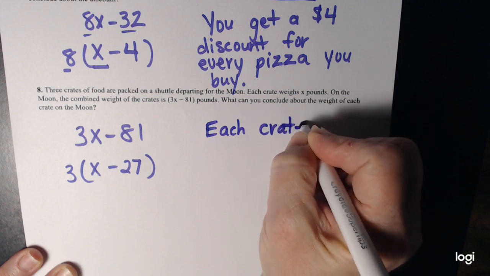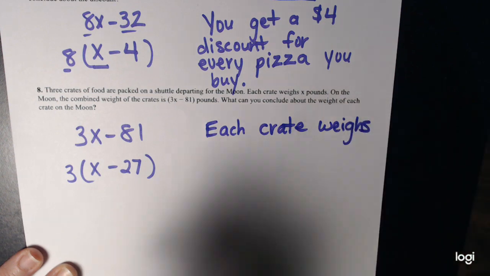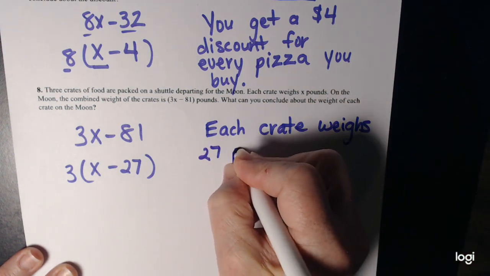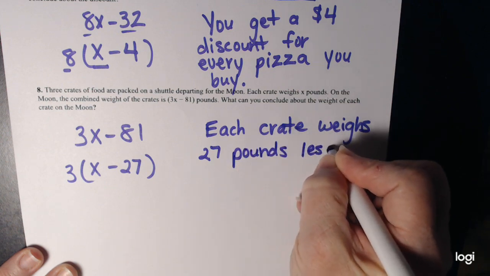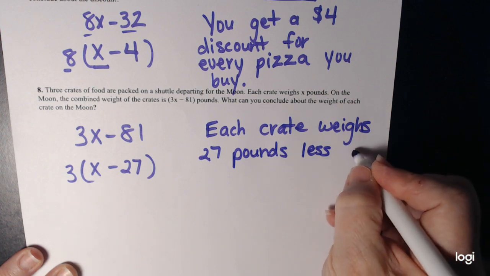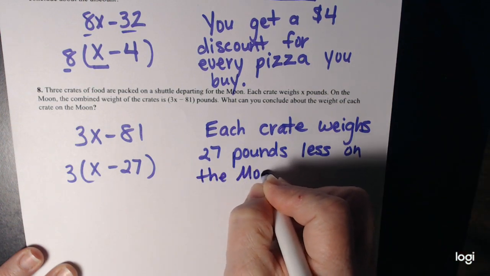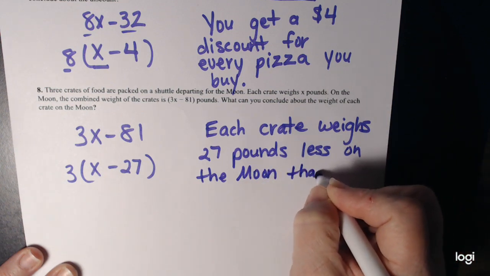Each crate weighs 27 pounds less on the moon than on Earth.